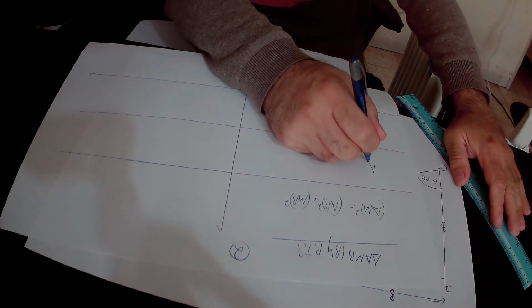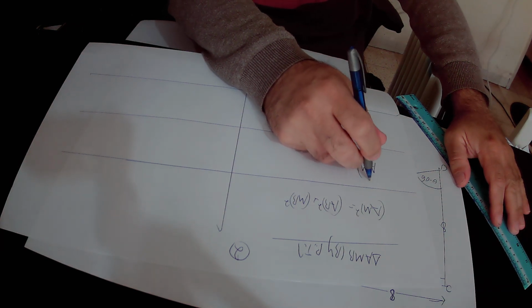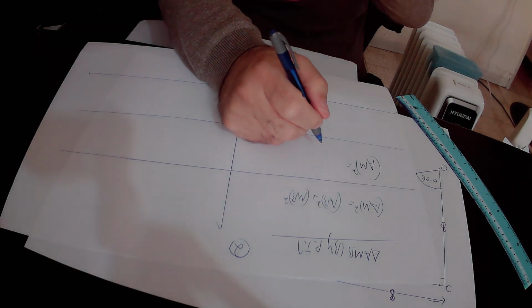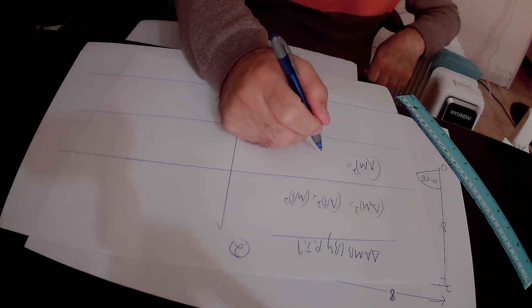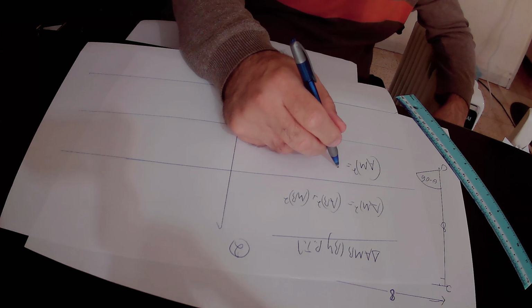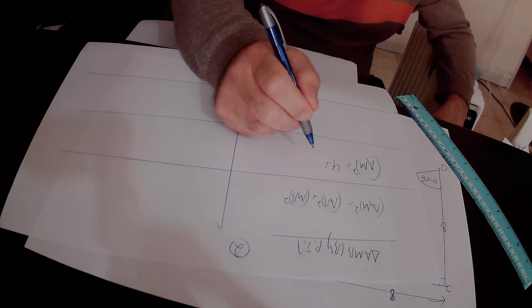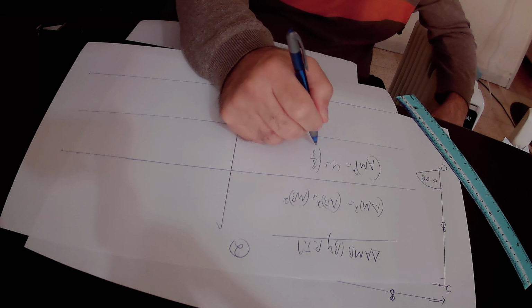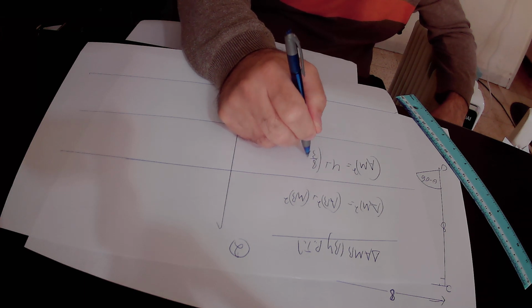So AM squared equals AB squared. AB is 2, so AB squared is 2 squared, that is 4, plus MB squared. MB is 8 over 3, therefore MB squared is 8 over 3 squared.